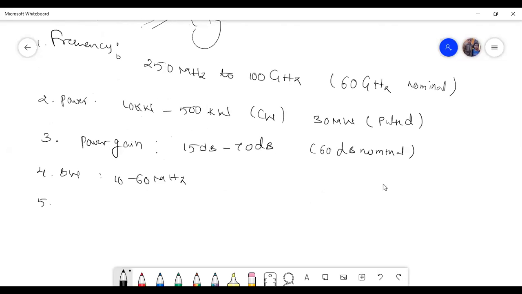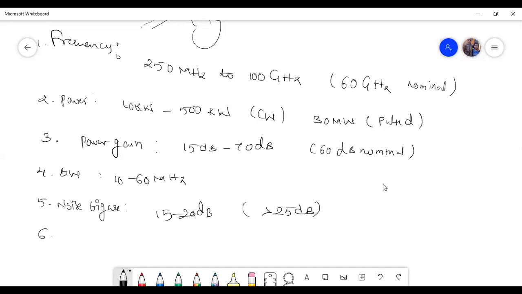And the fifth one is noise figure. Noise figure is 15 to 20 decibels, and sometimes greater than 25 decibels.